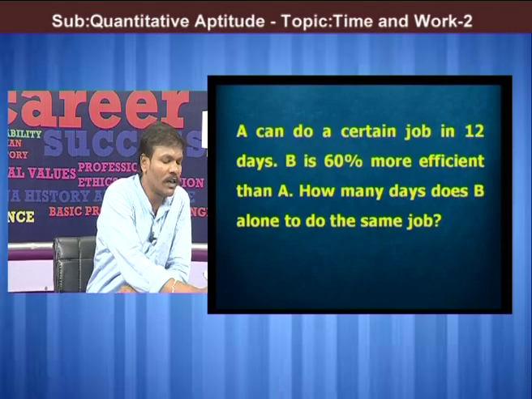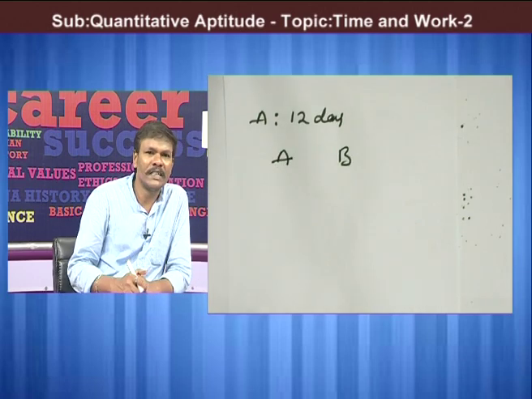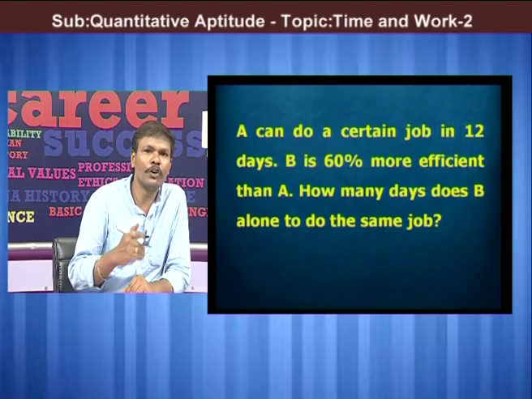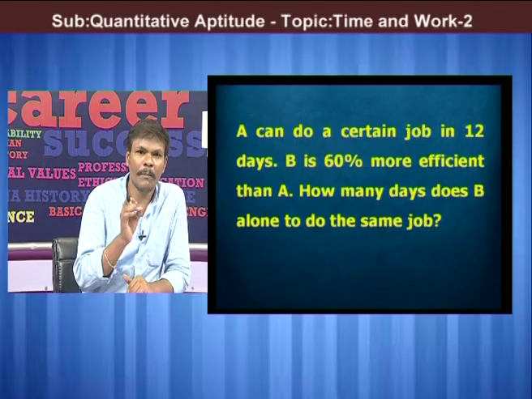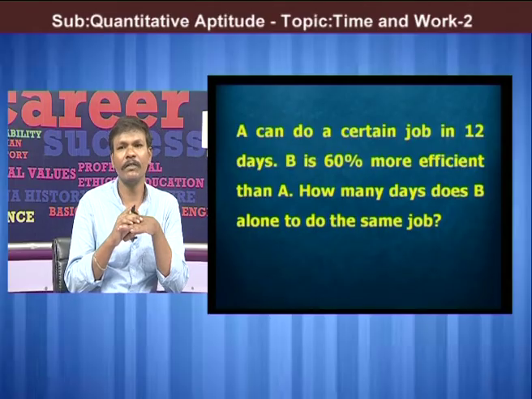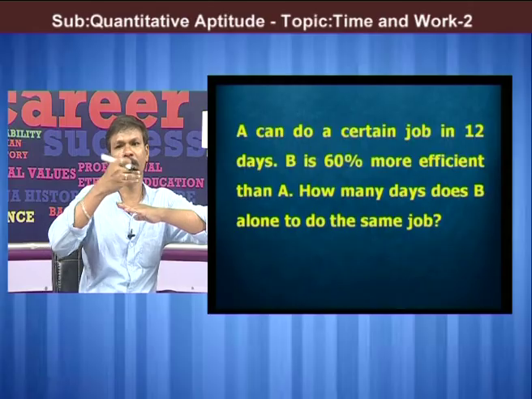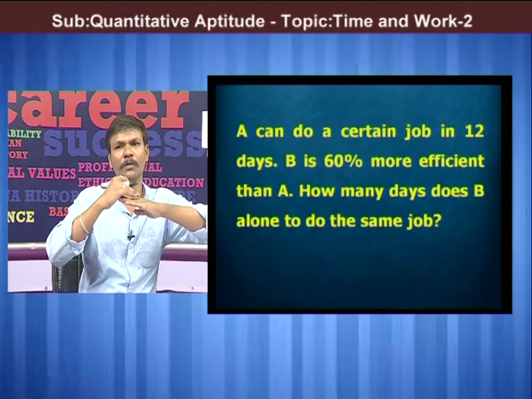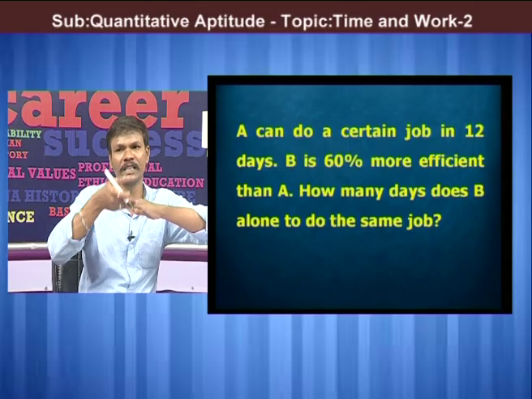So we are going to write down the capacities of A and B. B is 60% more efficient. 60% more efficient means, in the percentage concept, any value is 100%. If it is more than 100%, it is 60% more; if it is 60% less, it is less than the 100.